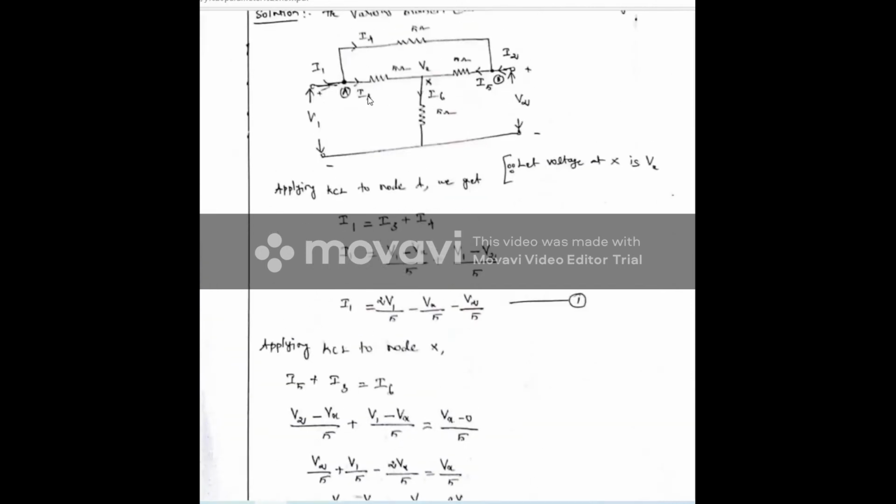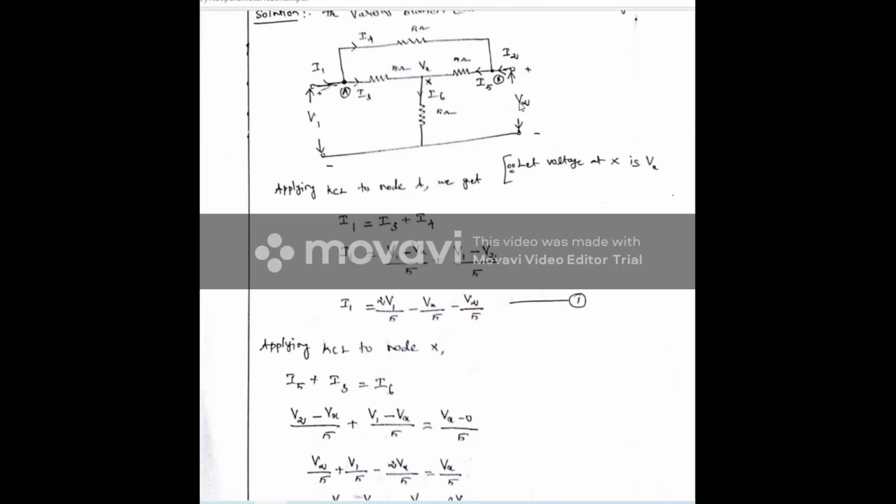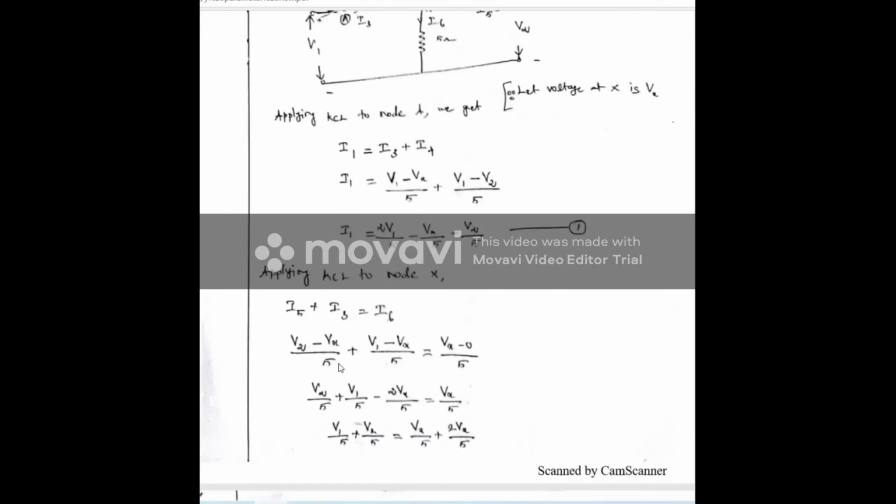I5 is the current flowing through this 5 ohm resistor. What is the starting end voltage? V2. What is the ending voltage? Vx. So I5 equals V2 minus Vx divided by 5. Similarly, I3 equals V1 minus Vx by 5. I6 equals Vx by 5.